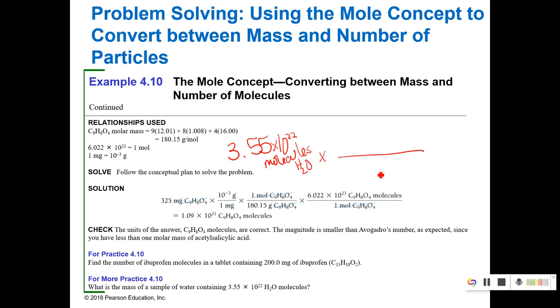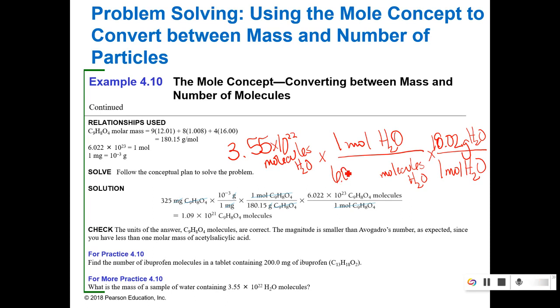That means molecules goes down here. And mass is always going to be in grams unless they say otherwise. So the mass of water is 18.02. It did tell us that earlier, but that's just one that's commonly used. So I know it.